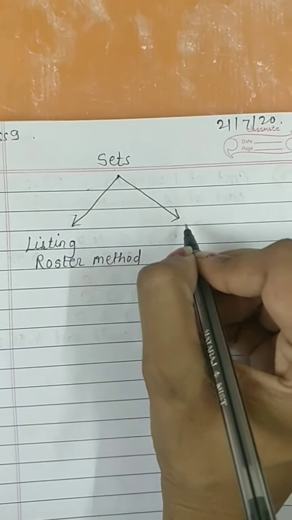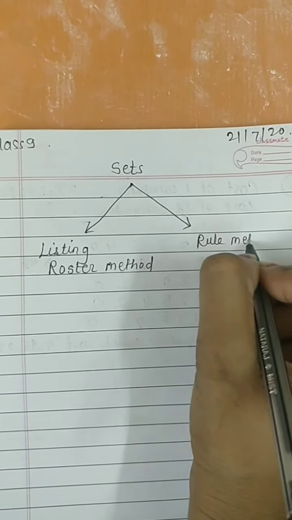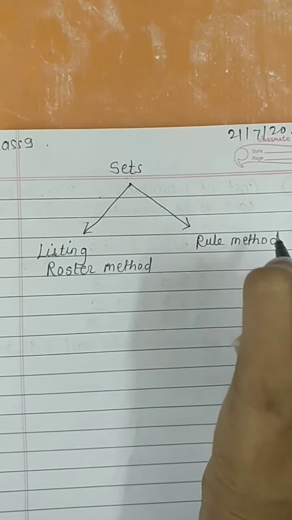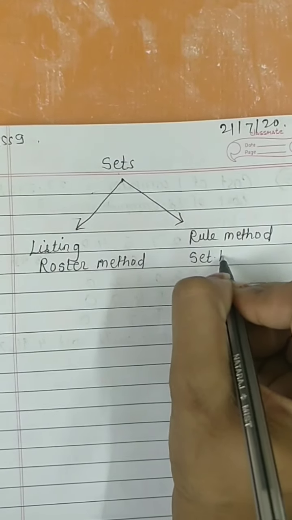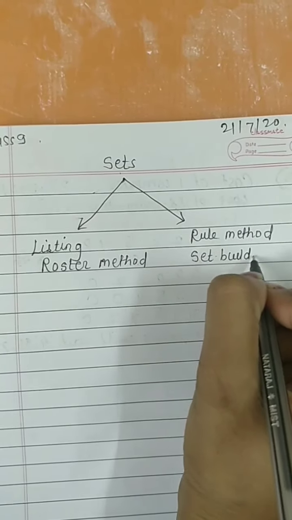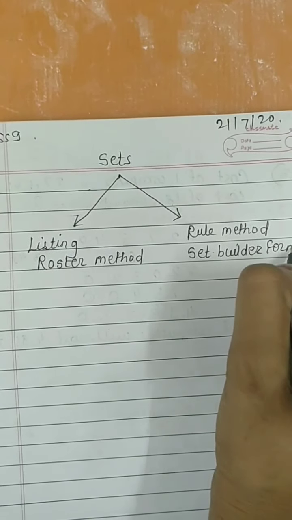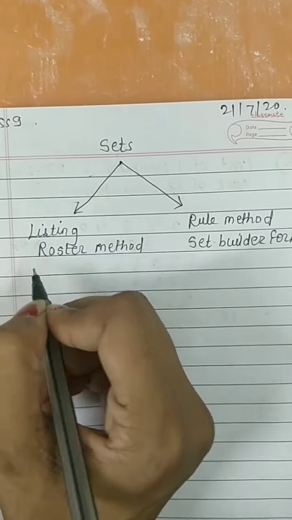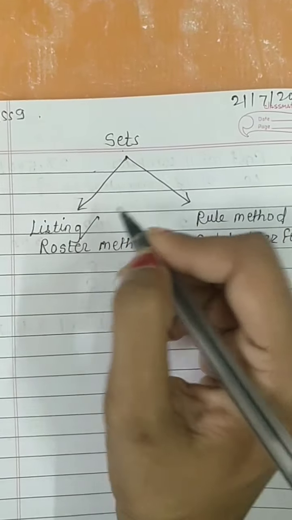And the second method is called the rule method, or you can also call it the set builder form. First we will see what is meant by the listing method or roster method.